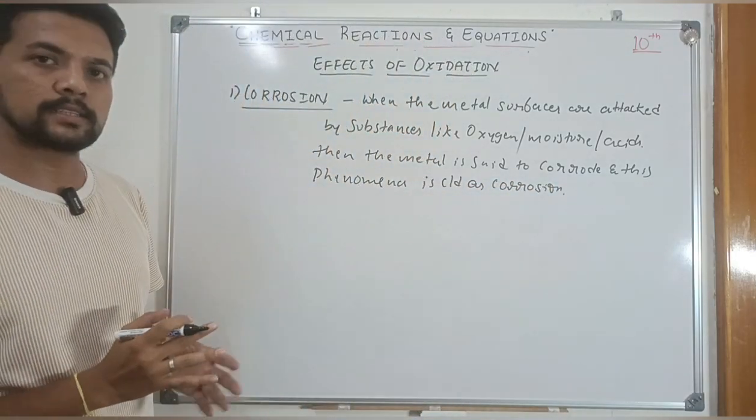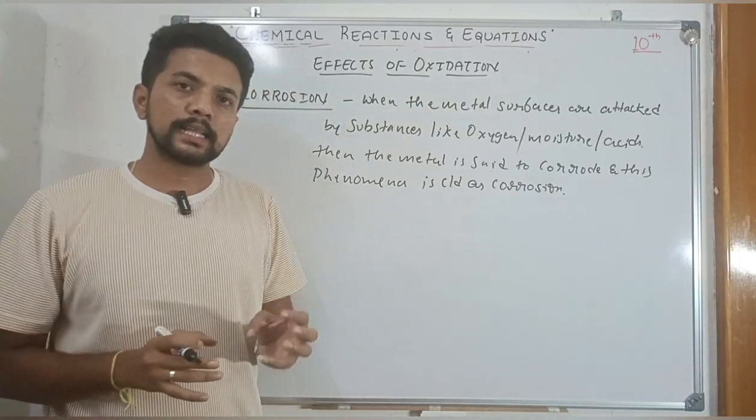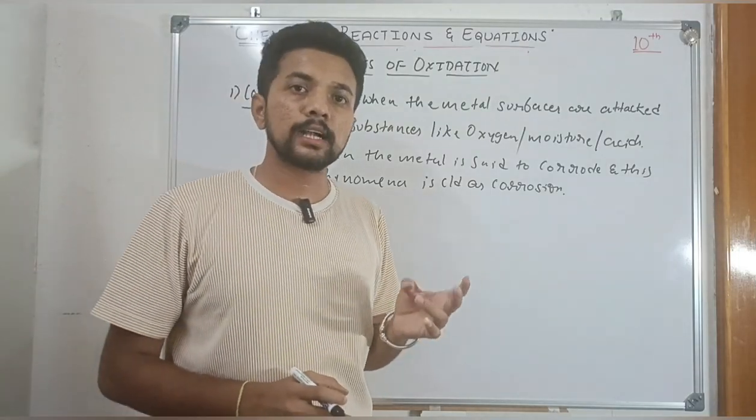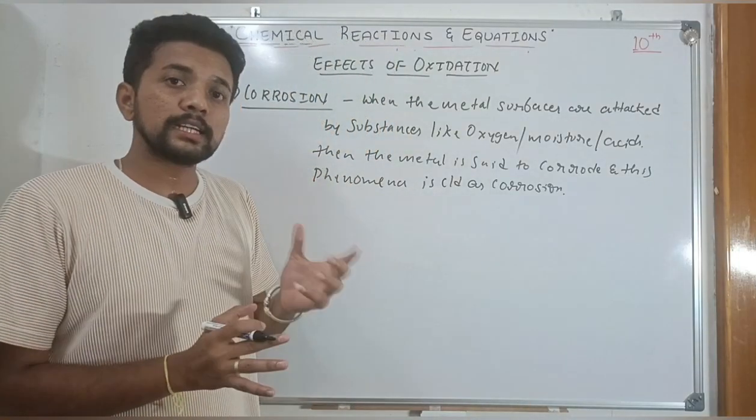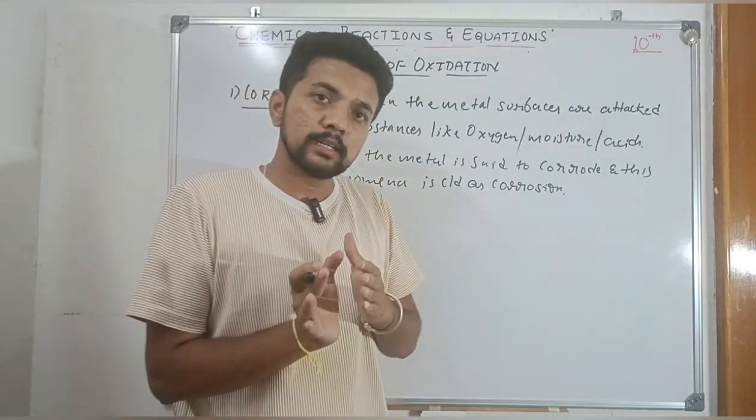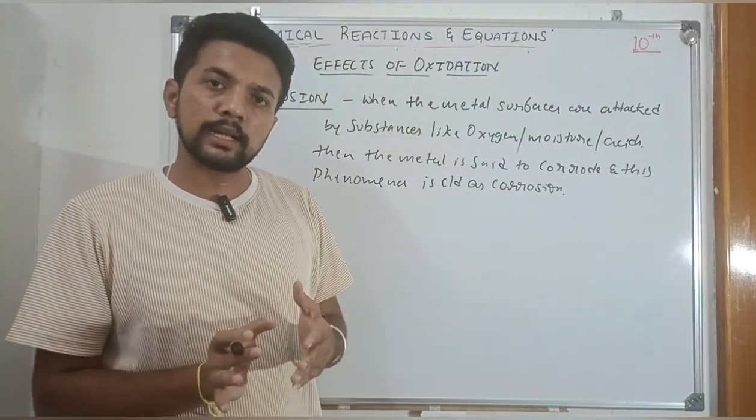So when the metal surfaces are attacked by substances like oxygen, acids and moisture or water, then that metal is said to corrode, and that phenomenon is called corrosion.